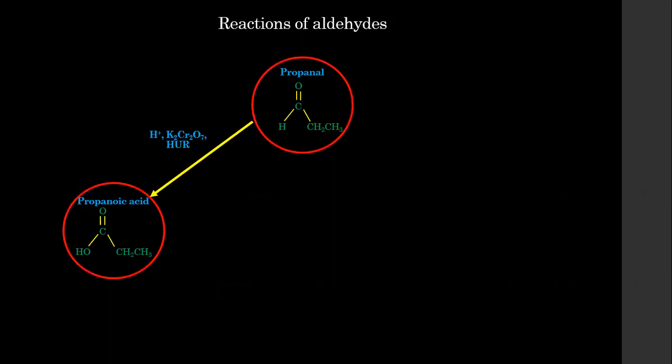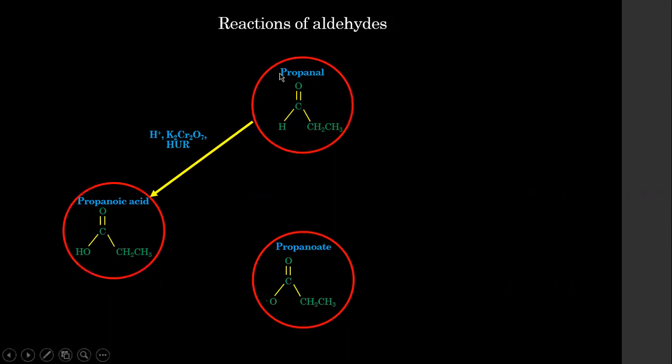At the same time, propanal can react with Fehling solution as well. When you react with Fehling solution, propanal is going to make, remember, propanoate. We can't make propanoic acid because the medium is alkaline. So propanoate is formed. The conditions for the reaction and reagents are Fehling's reagent and heat. We can heat it in the water bath.